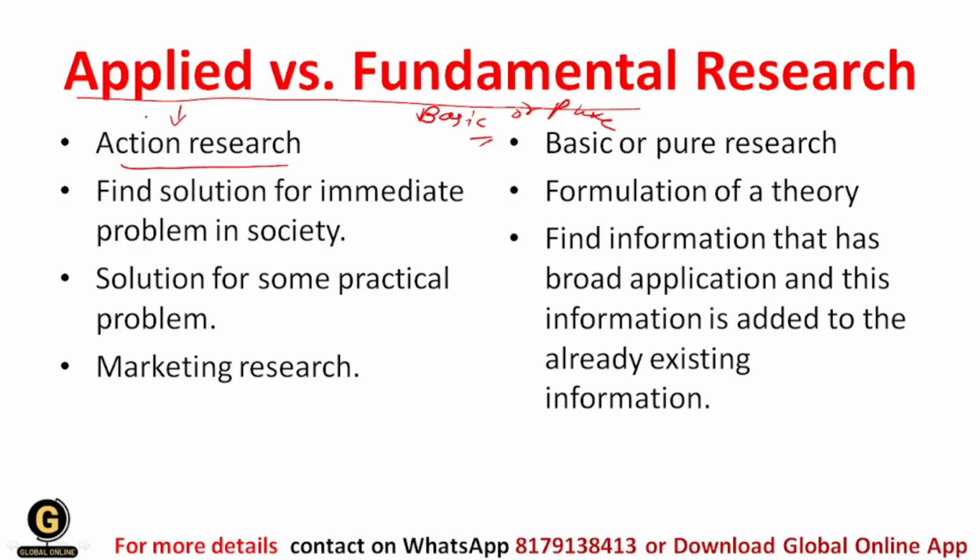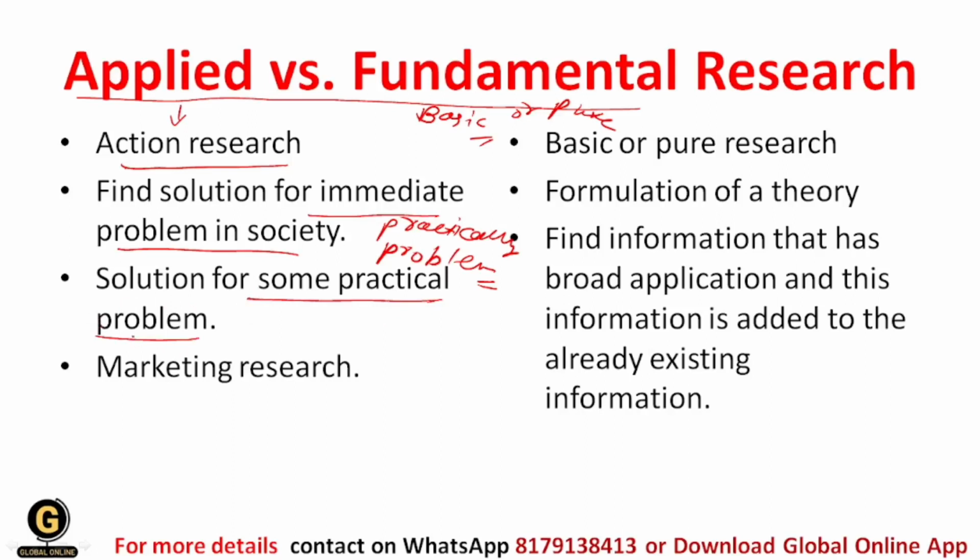This is because we are finding a solution for an immediate problem in society. Whatever practical problem there is, we are going to solve it immediately, and that's why it is called action research. So here we are finding a solution for some practical problem.